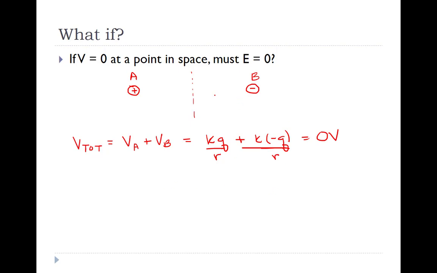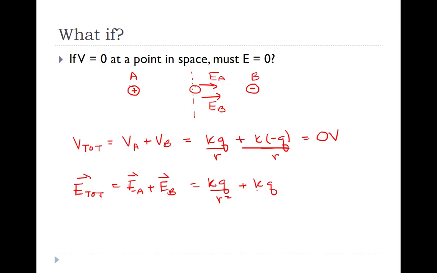What is the electric field at this spot? Well, if I come here, EA will point to the right. EB will also point to the right, out of positive into negative. So E total will be again EA plus EB, which is going to be KQ over R squared plus KQ over R squared, which is 2KQ over R squared.